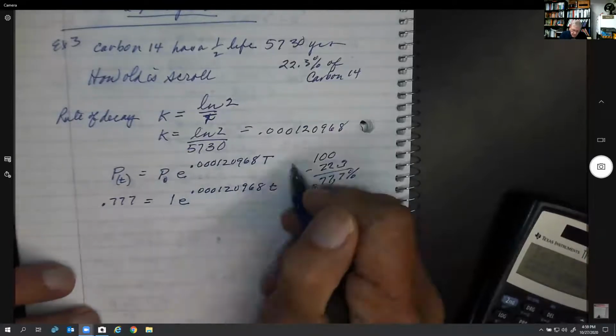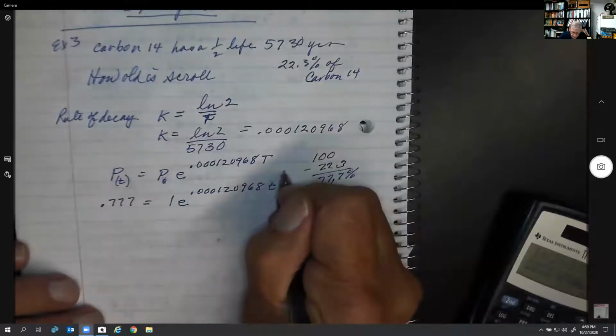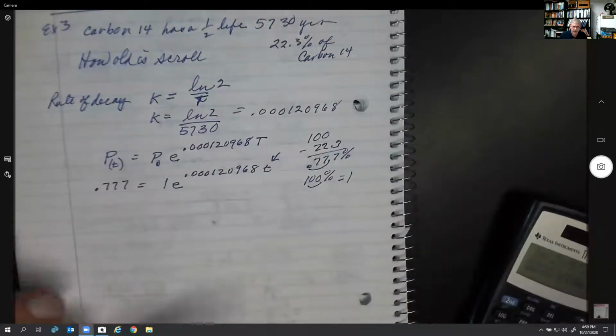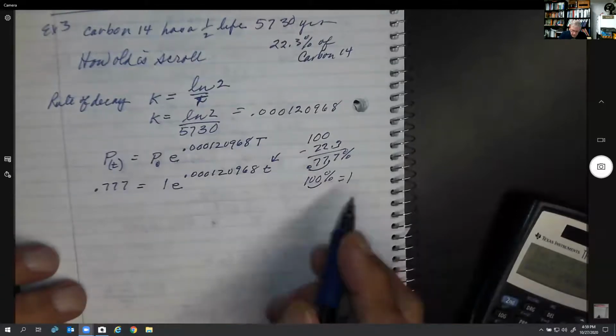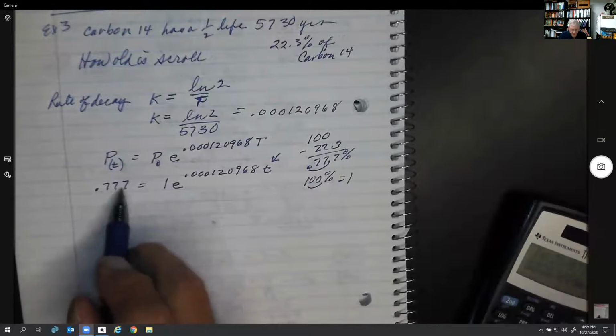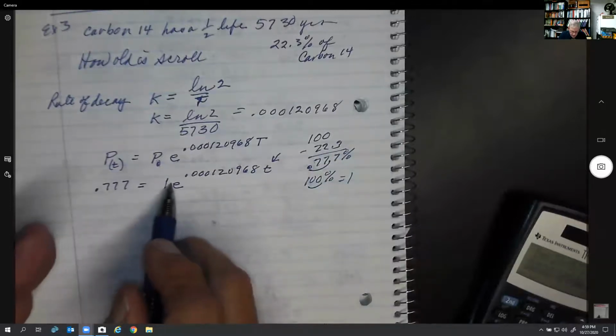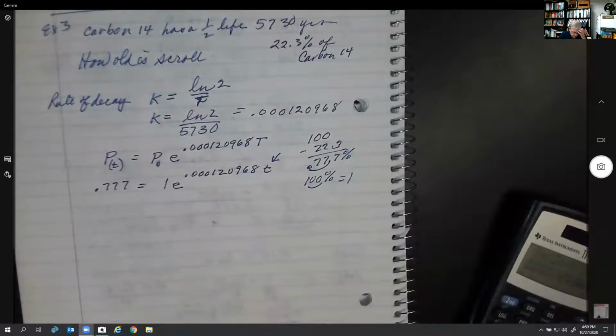And remember, what we're trying to find here is the time. We're looking for this t right there. That's what we're trying to find. Okay, so this was 100%. It decayed down to, we have 0.777 left. 77% is left. So we had 100%, we're down to 77%.